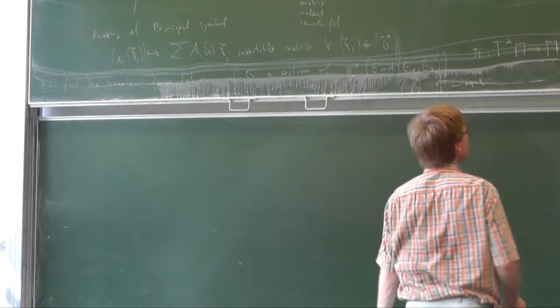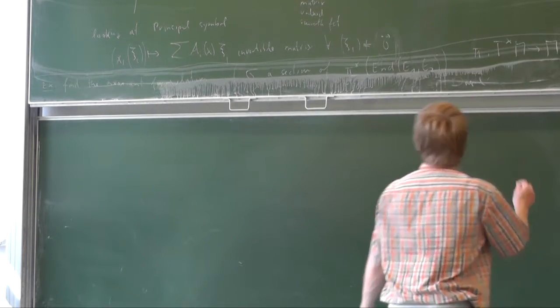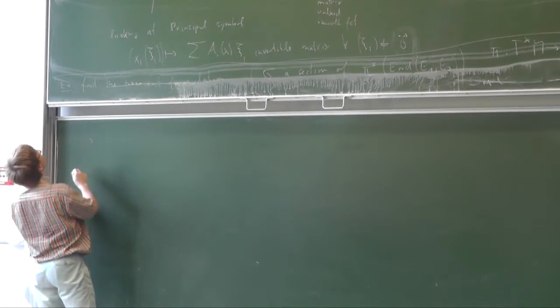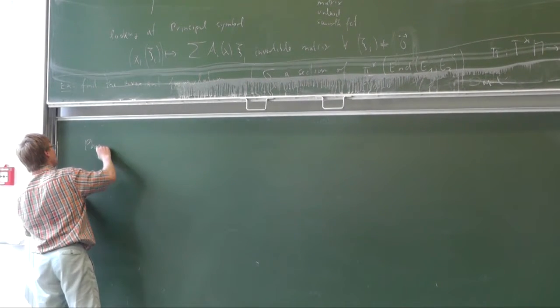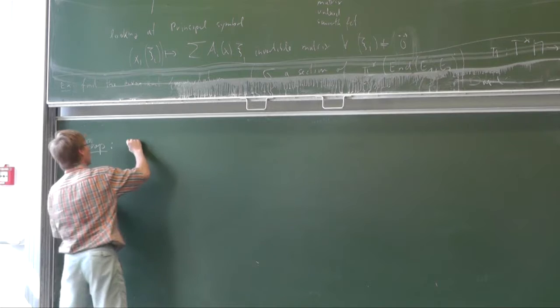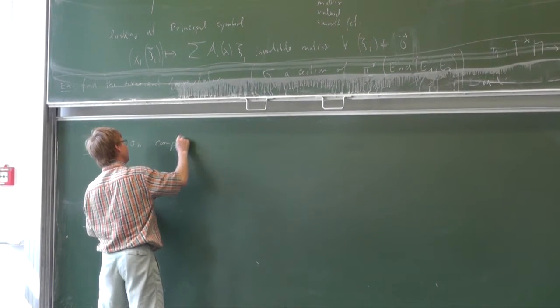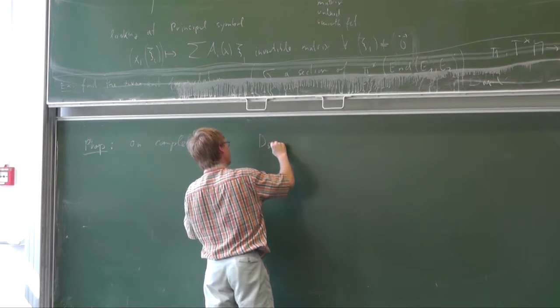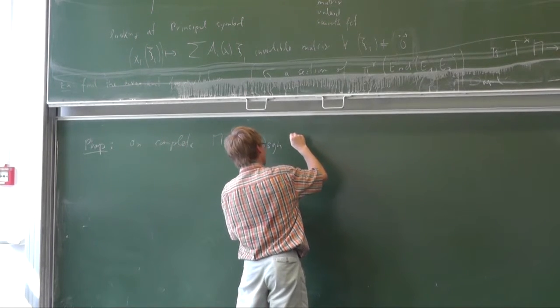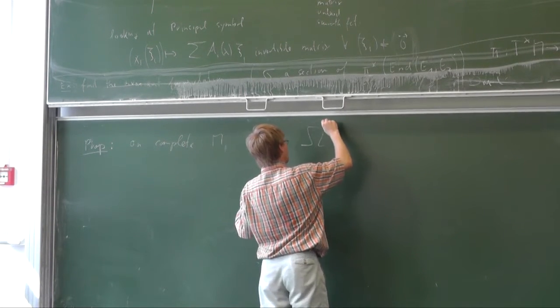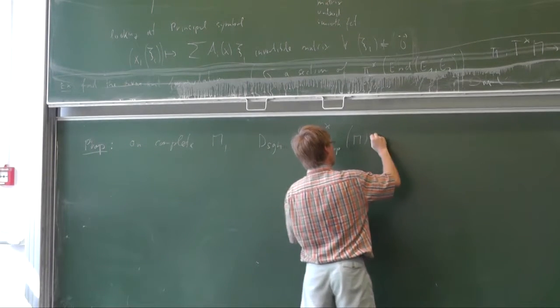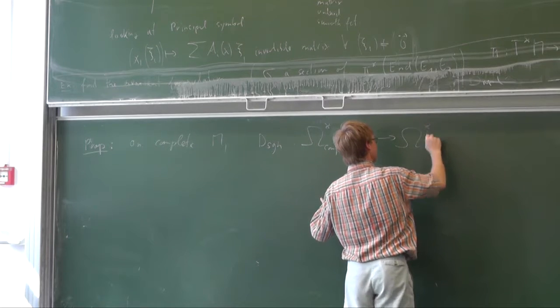Right. Another property of the signature operator. Say on a complete M, the signature operator goes from forms, let's say compact support, on M to itself.